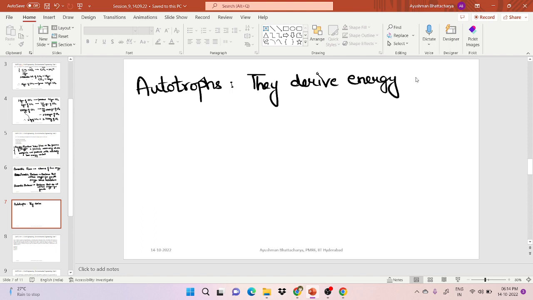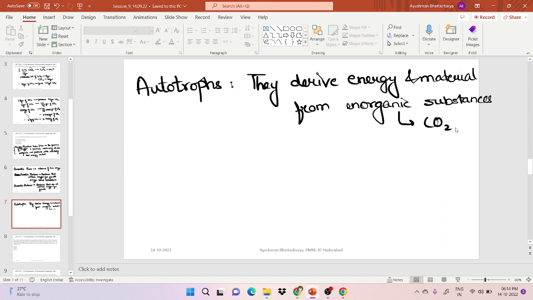Inorganic substances are CO2, H2O. Okay, inorganic.